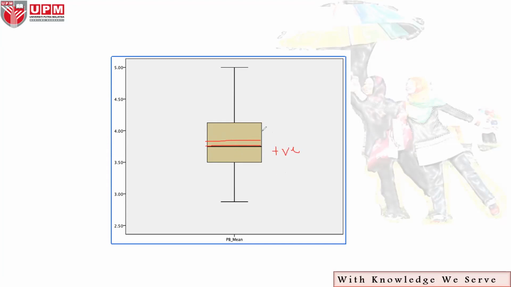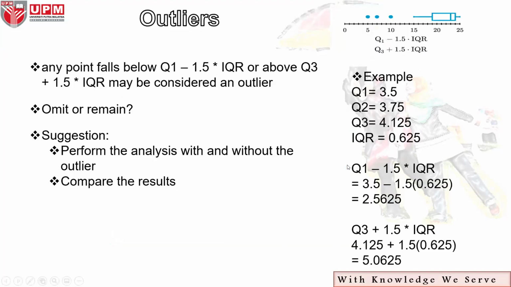If this line is a little bit upward here, then it is negatively skewed. Negative, right? It is the reverse. Negatively skewed. Okay. So this is also one of the ways we can report data normality. So not only statistics through Kolmogorov-Smirnov or Shapiro-Wilk or skewness or kurtosis, these are the alternatives that you may use. Okay. So these outliers, I will emphasize outliers again in the regression chapter. You will see later.